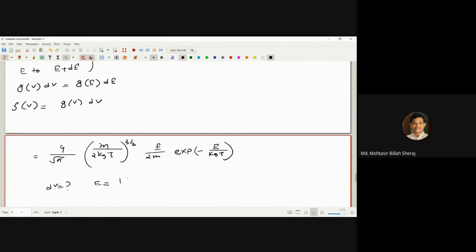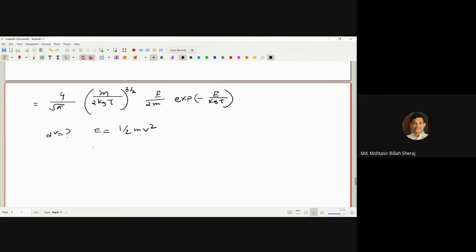E equals half mv², so v² equals 2E/m. Then 2v dv equals 2/m dE. The 2 cancels, so v dv equals dE/m.